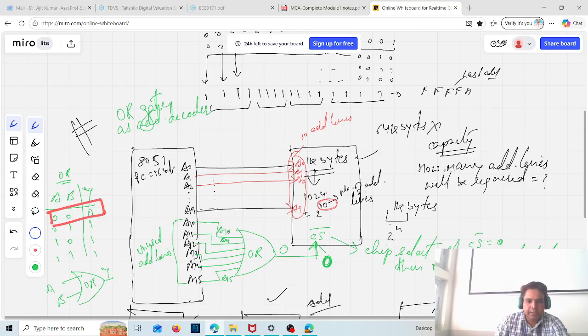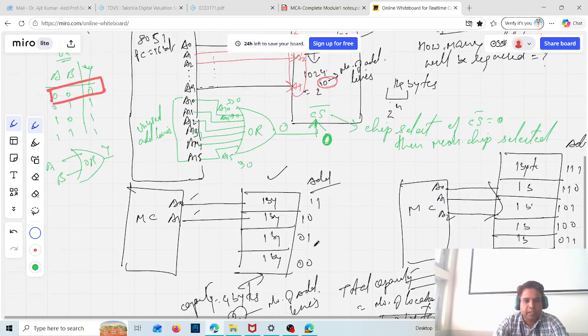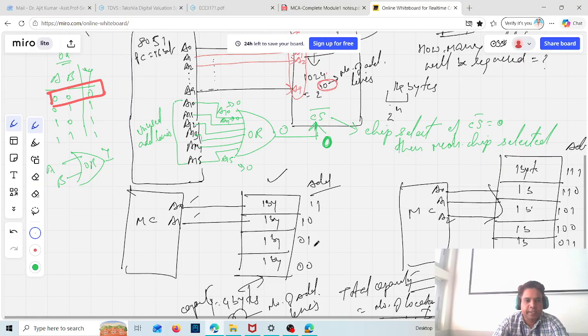I need all the inputs to be 0. A10 should be 0, A11 should be 0, likewise A15 should be 0. If all the inputs are 0, then only will your output be 0, and then this chip will be selected. So this is the logic of what we do here: we connect the unused address lines to the decoder.